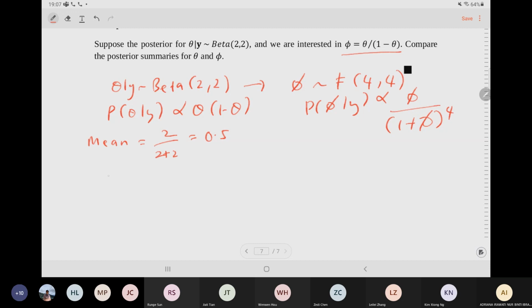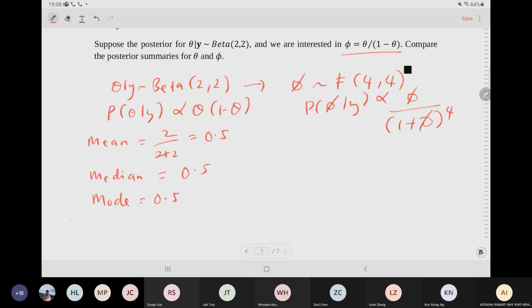For the median and mode, you have to find them from Google or whatever, or you can use R. Here the median is 0.5, and the mode is 0.5 for beta 2, 2.